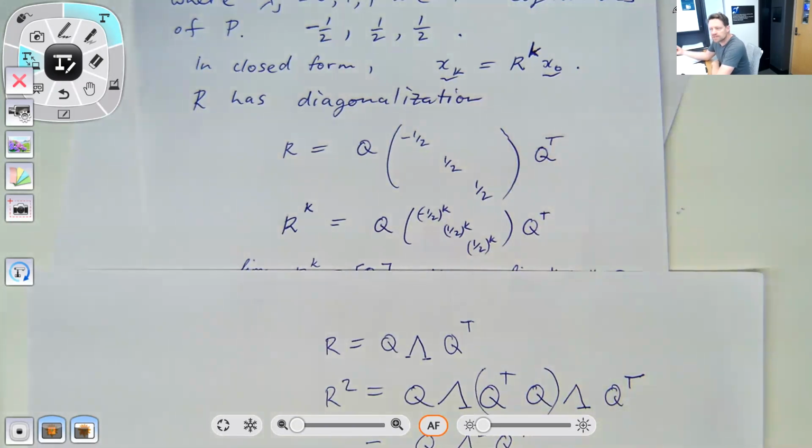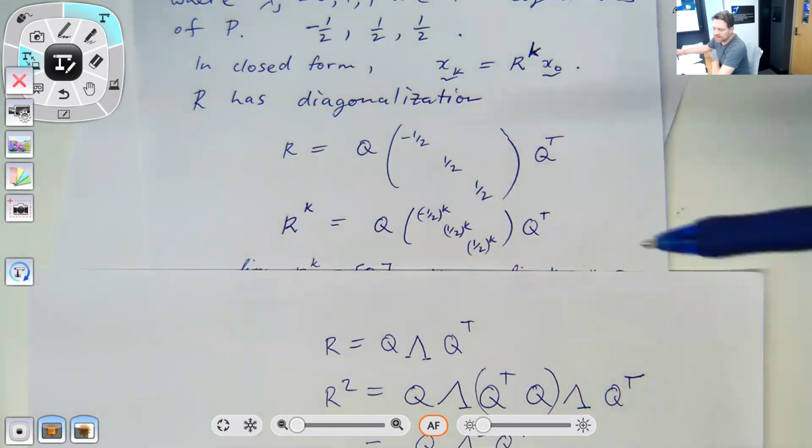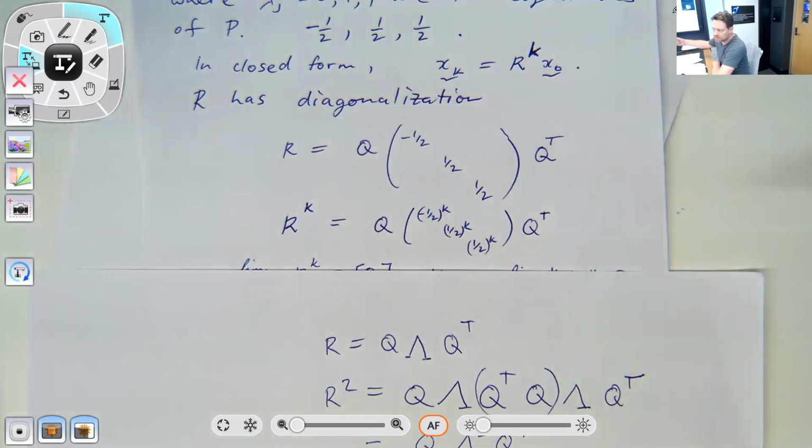In other words, their absolute value is less than 1. And so as you take higher and higher powers, they go closer and closer to 0. So basically the limit as k approaches infinity of R to the power of k is the 0 matrix.